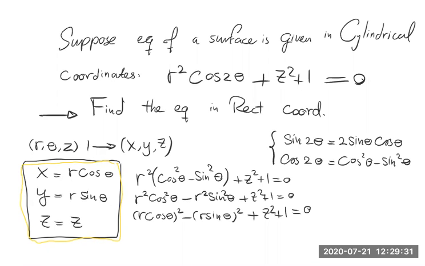But what is r times cosine? Well, let's look here. r cosine is x. So it's just x squared minus. What is r times sine? Well, look here. It's just y. It's just y squared plus z squared plus 1 equals 0.